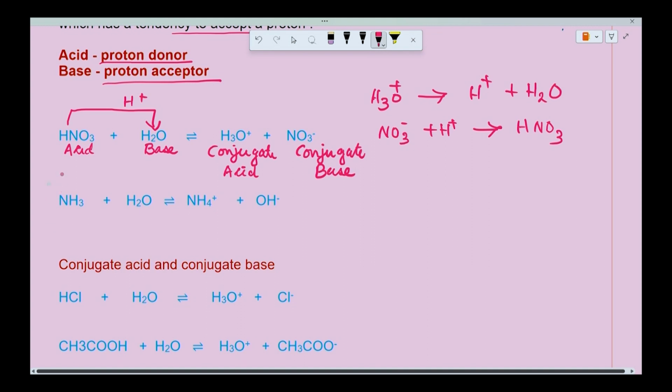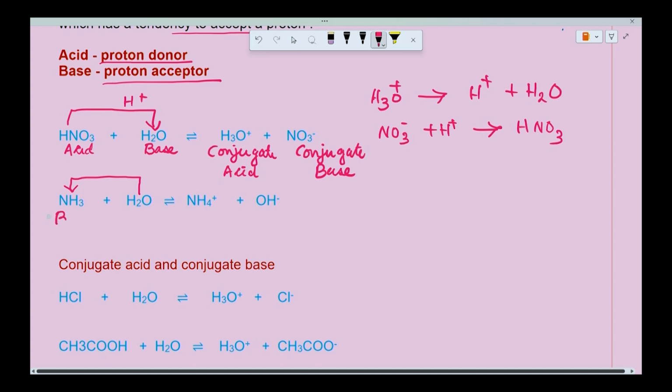What happens is that ammonia takes up a proton from water. So, ammonia accepts a proton and gets converted into ammonium ion. Water loses a proton and gets converted into OH minus ion, just like in the previous case.